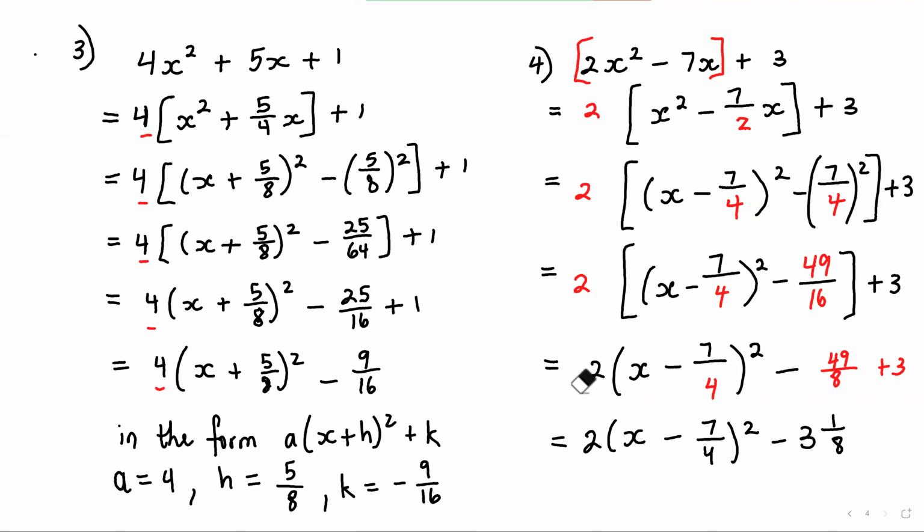Miss, I have a question. Yeah. Why is it 49 over 8? Because 7 squared is 49, right? So that's how I got 7 over 4 all squared will be 49 over 16. And then to remove these square brackets, I'll have to multiply by 2 to get rid of these brackets on the outside. So 49 over 16 times 2 would be 49 over 8.